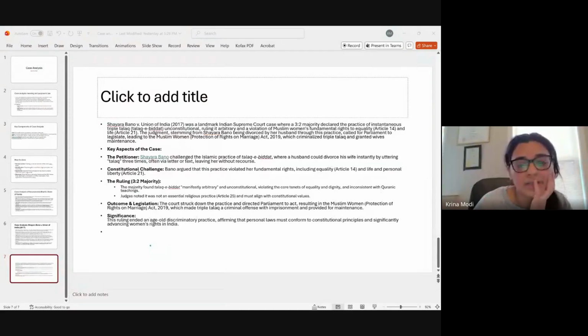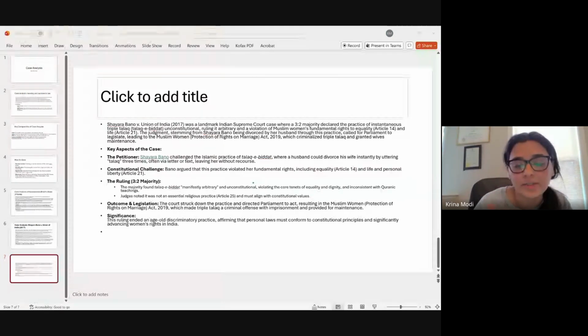The issue here is that the petitioner challenged the triple talaq, where a husband could divorce his wife instantly by uttering talaq 3 times, often via letter, text, whatever. That was the issue. She filed a case citing this issue. Her case is this. She is against triple talaq. Constitutional challenge.